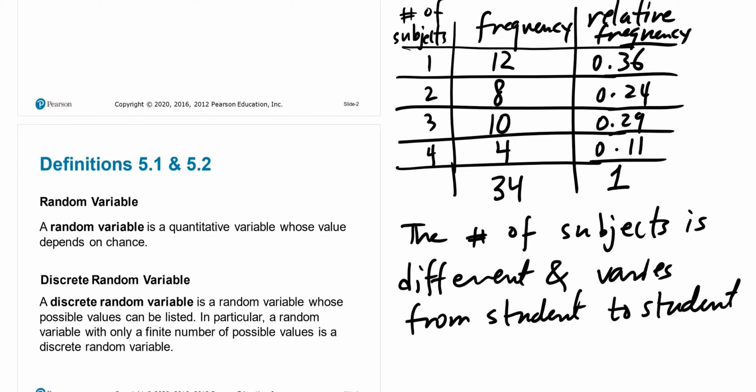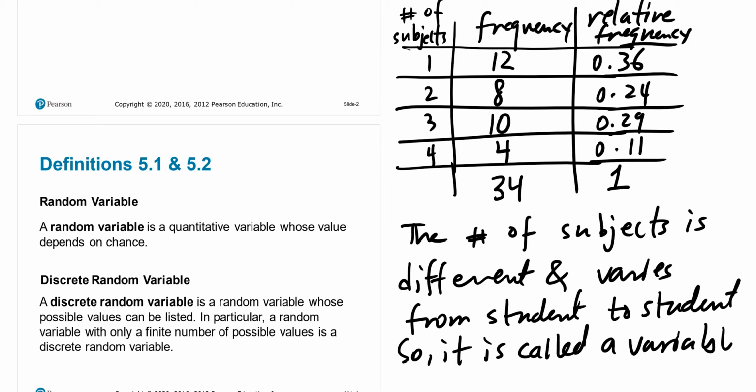And so it is called a variable. So the number of subjects is called a variable.